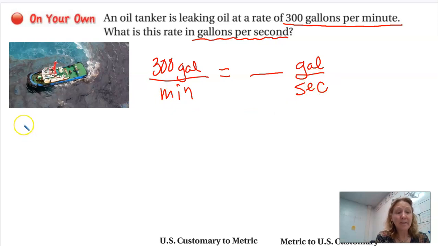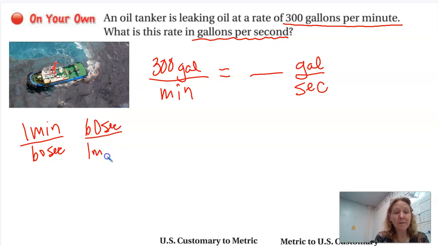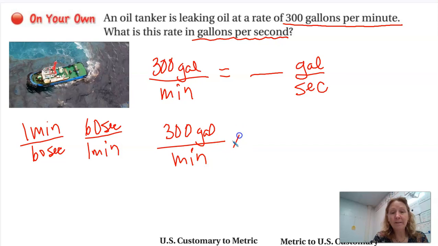So I know that for every 1 minute, it equals 60 seconds. And if I flip it around, 60 seconds is 1 minute. So I'm going to write my math here, 300 gallons per 1 minute. I need to put minutes in the top, and I want seconds on the bottom.